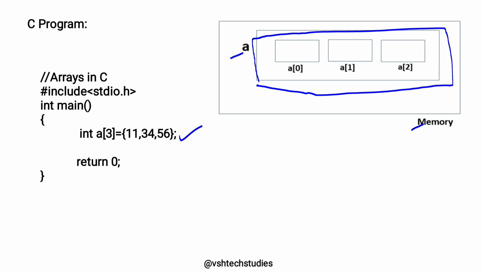According to this statement, the first location will have 11, the second one 34, and the last one 56. This is called array initialization. That is, assigning values to memory at the time of declaration is called initialization, and this is array initialization.